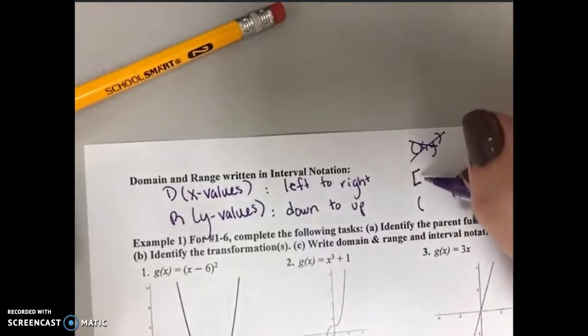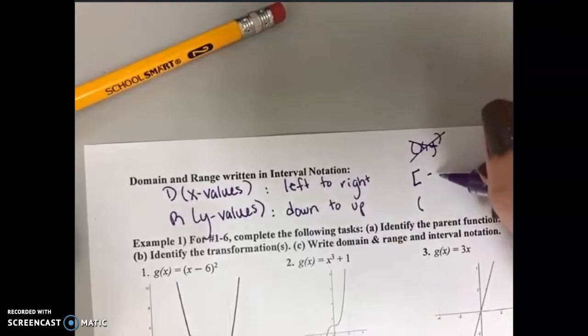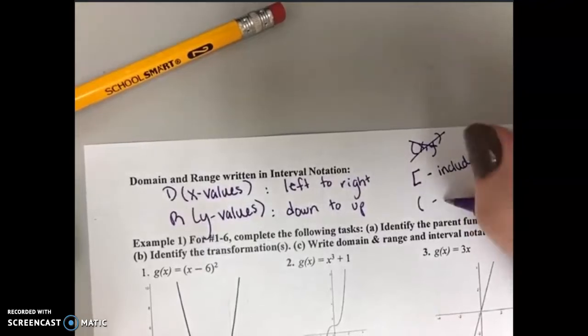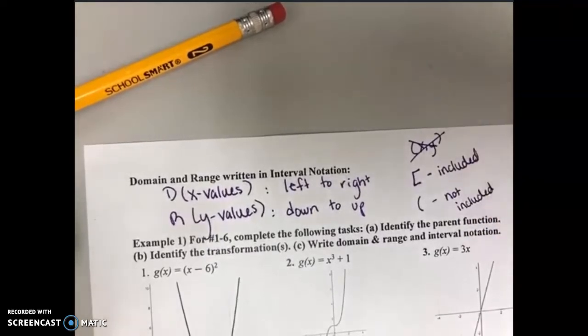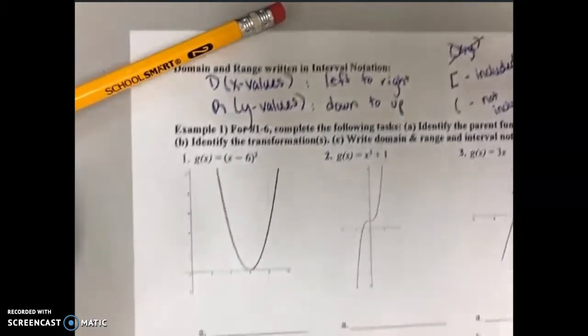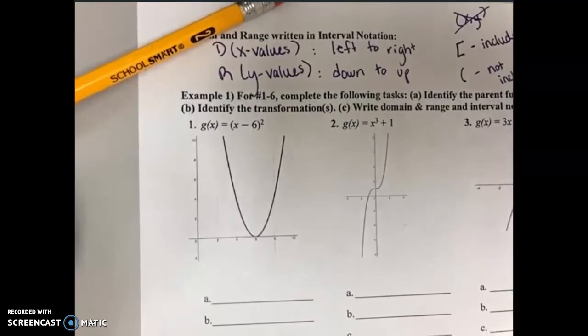Now, a bracket means that something, that number or that symbol, is included in the graph, and the parenthesis would be not included in the graph. The best way I can explain this, though, is if we actually go ahead and start taking a look at problems. So let's jump down to number 1.